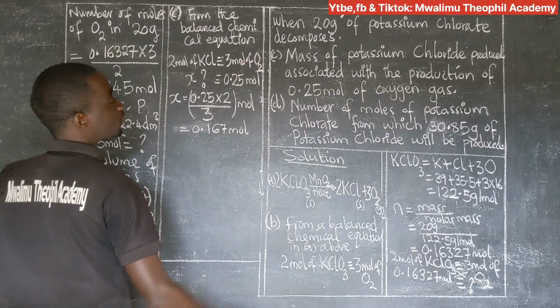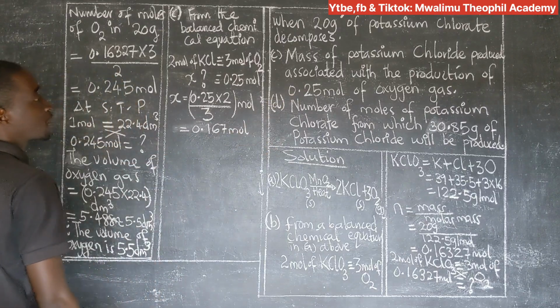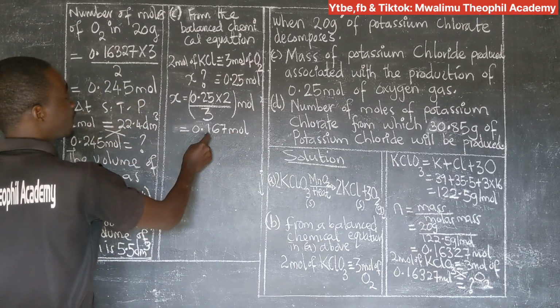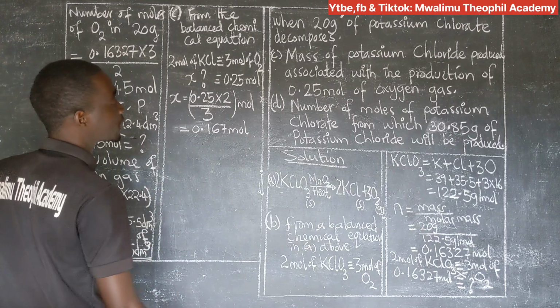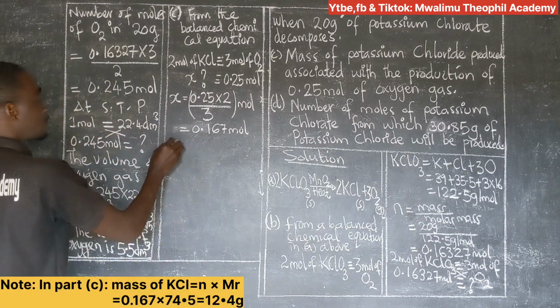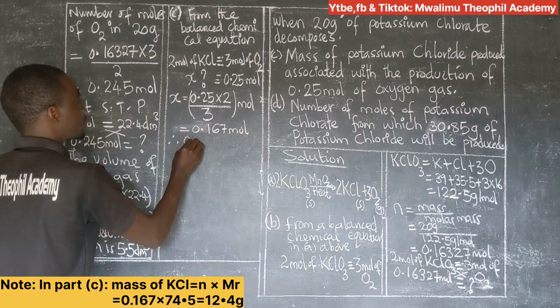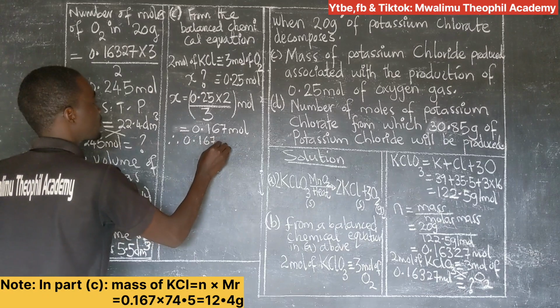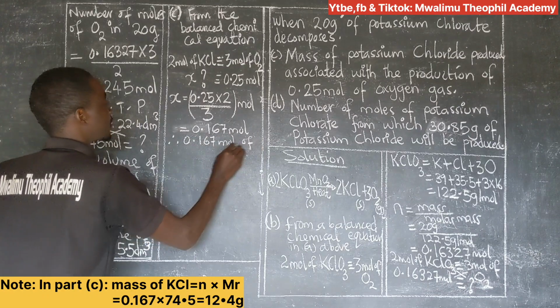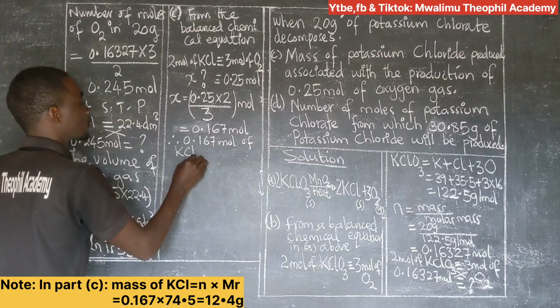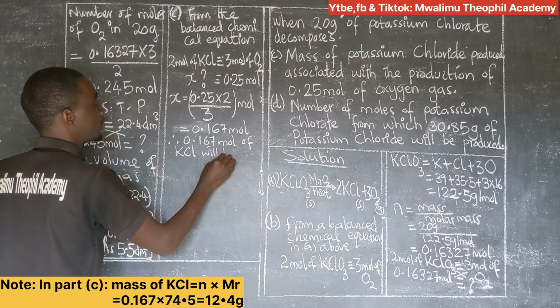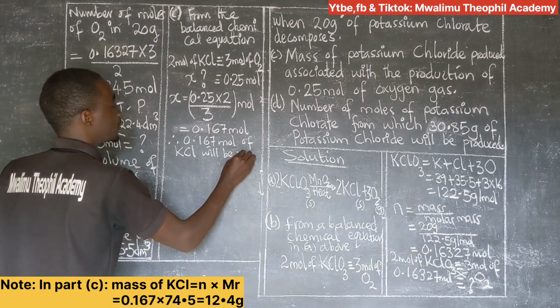So when 0.25 mole of oxygen gas is produced, at the same time 0.167 mole of potassium chloride will be produced.